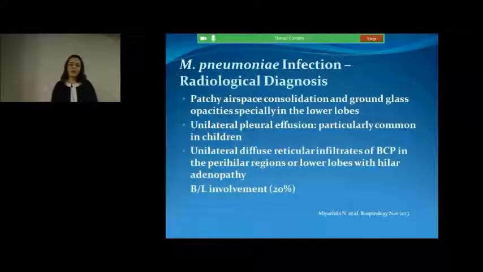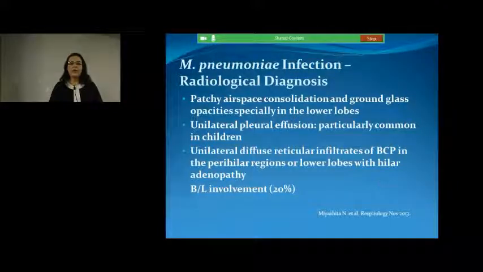Mycoplasma pneumonia can cause a broad array of radiological findings that can mimic many lung diseases. The most common are patchy airspace consolidation and ground glass opacities, and usually the disease is predominant in the lower lobes.